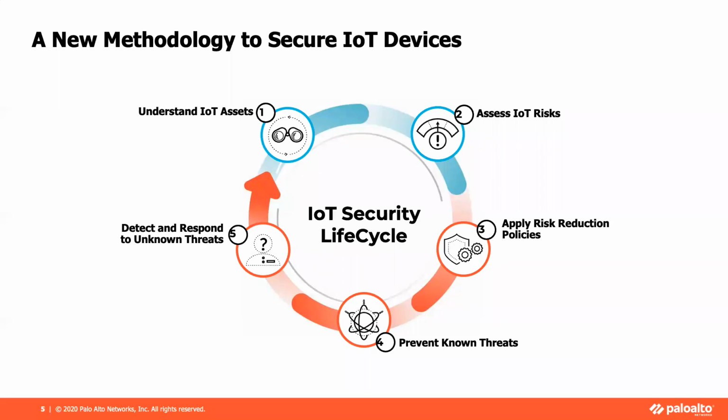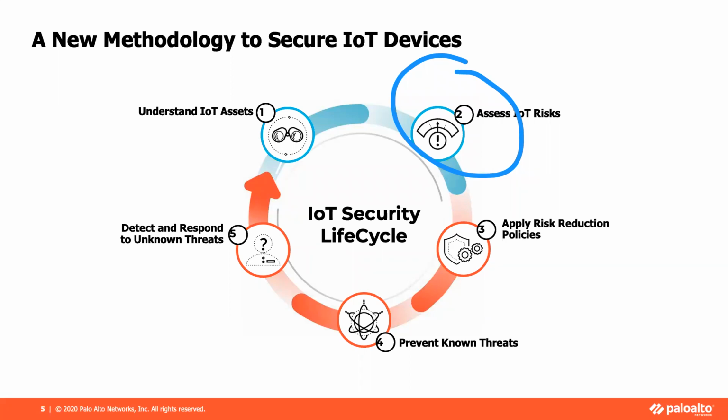So the idea is you got to get visibility into what's going on in your campus or at your enterprise or what have you. So you need to start with comprehensive device visibility, not just some sort of devices. You got to be able to understand exactly what you have. And the next thing is you got to be able to assess the risk.